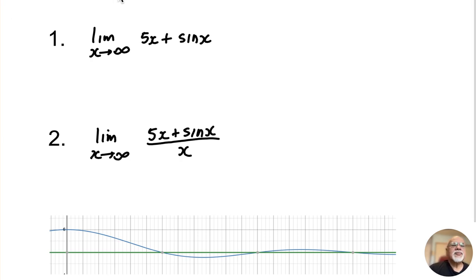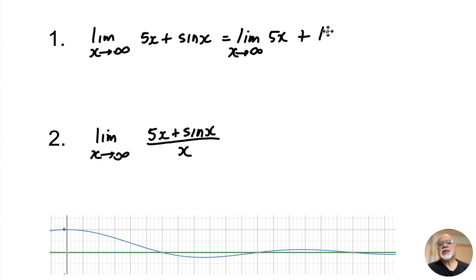So the first one is the limit of 5x plus sine x. Now using the properties of limits, I can break this up into two and write this as the limit as x approaches infinity of 5x plus the limit as x approaches infinity of sine x.